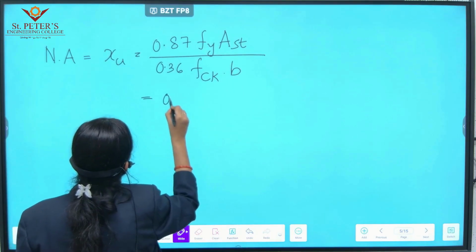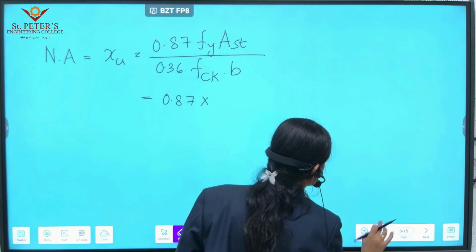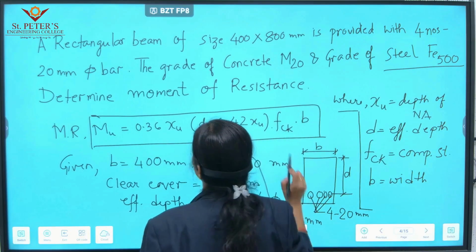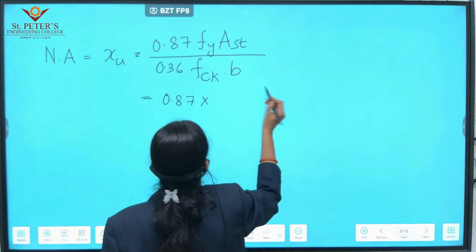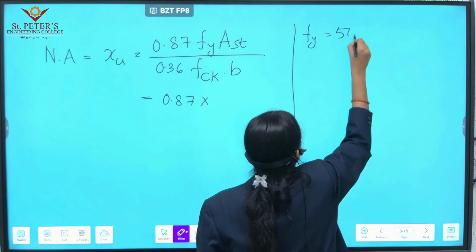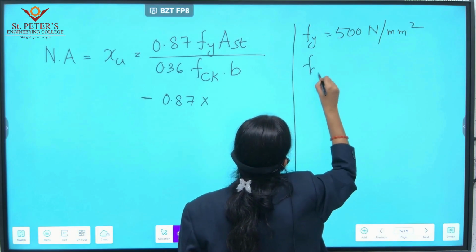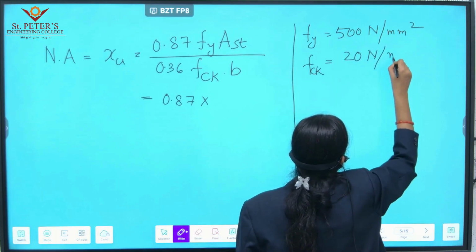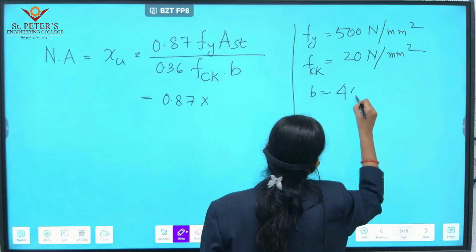We know 0.87 Fy. It is given in the question that the steel is Fe 500 and the grade of concrete is M20. So Fy is 500 Newton per mm square. FCK is, as it is M20 grade concrete, 20 Newton per mm square. b is already given as 400 mm.